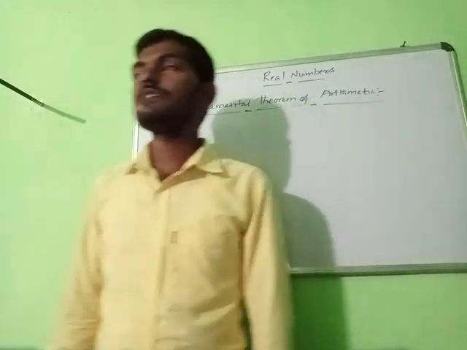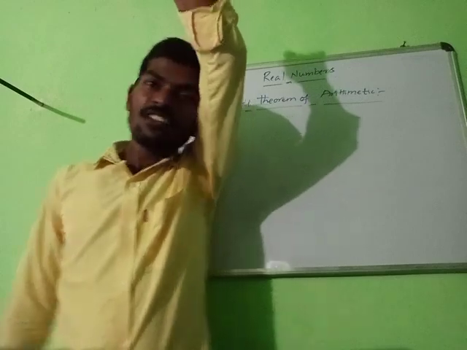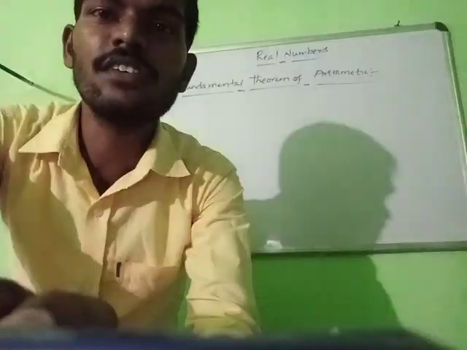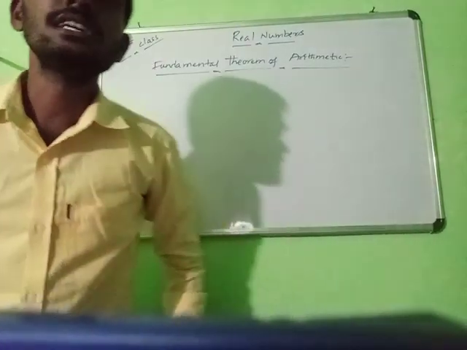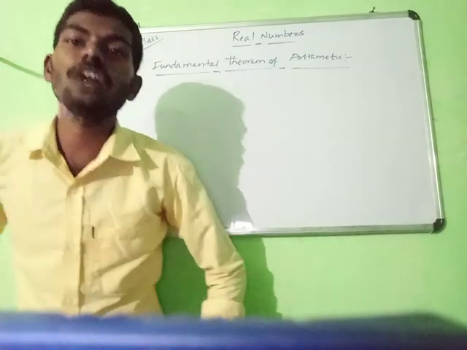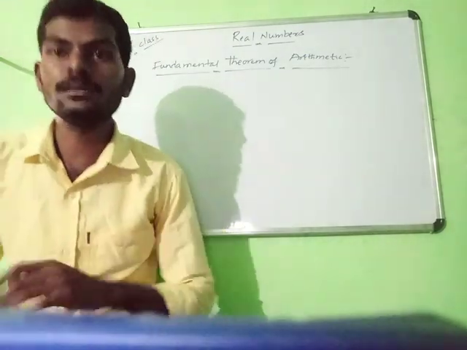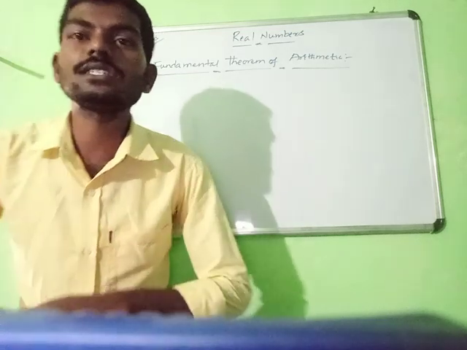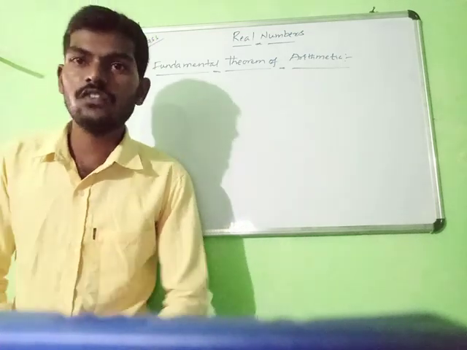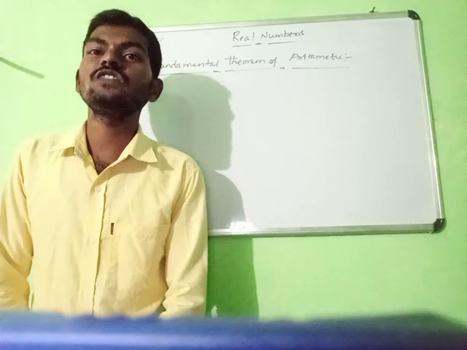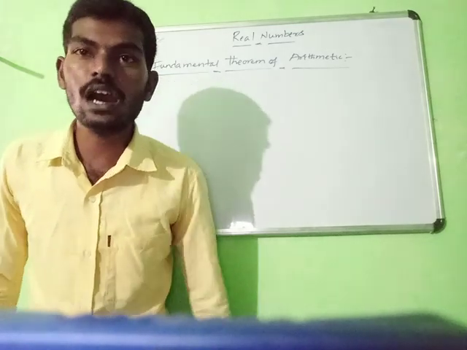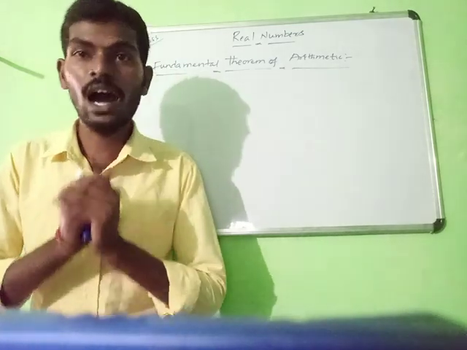Now, what is the fundamental theorem of arithmetic? Every composite number can be written in the form of a product of their primes, and this factorization is unique apart from the order in which prime factors occur.